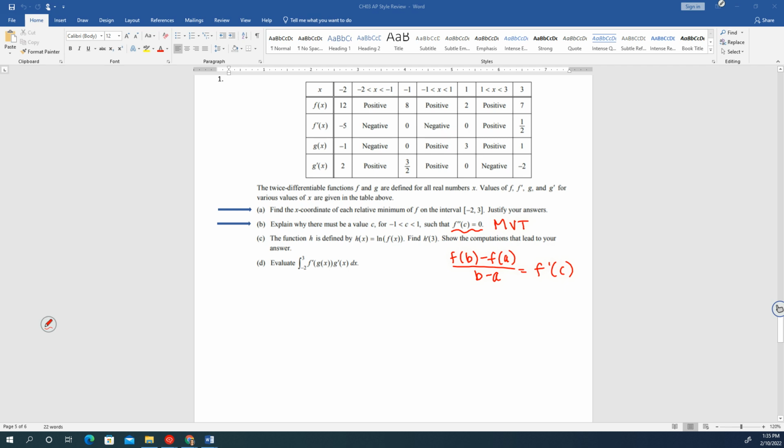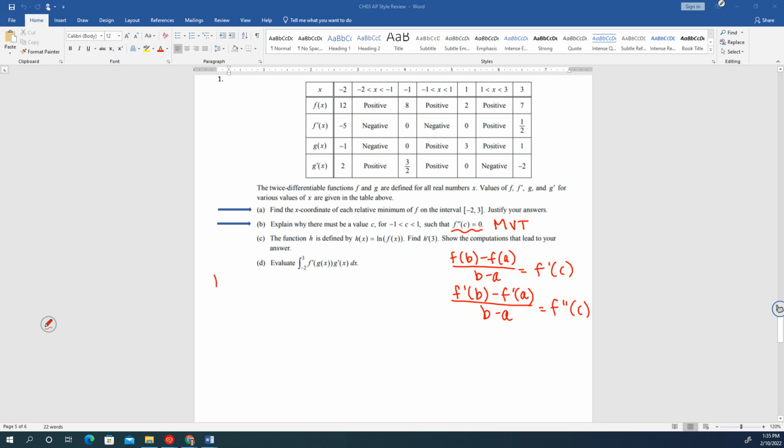Now, I see here that they want me to apply this to the second derivative, so you can do this using the rate of change of the first derivative. There has to be an instantaneous rate of change in that interval for the second derivative. You can apply it at that level too if you're comparing first derivative to second derivative. I don't know if we've done one like that before.